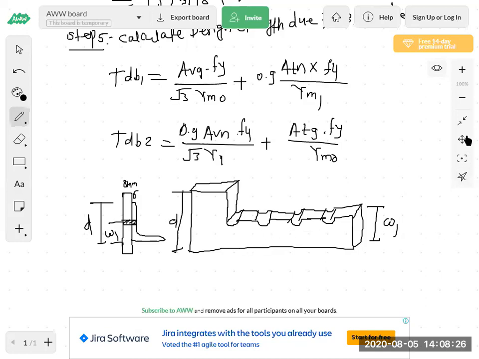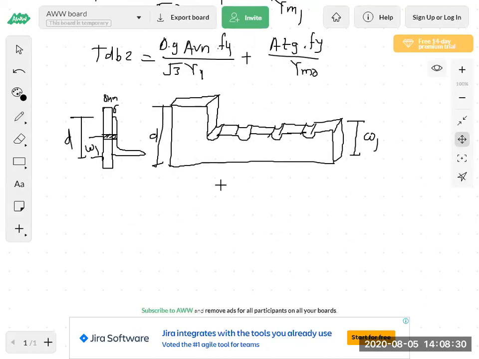Now here 4 areas we have to calculate. So first area is AVG, second is AVN, third is ATG and fourth is ATN.